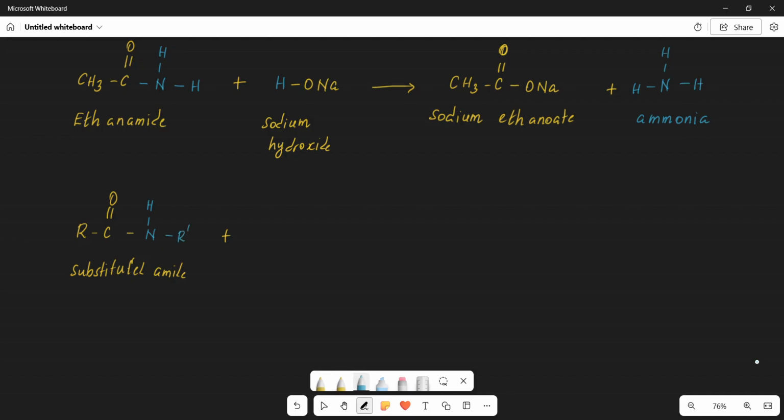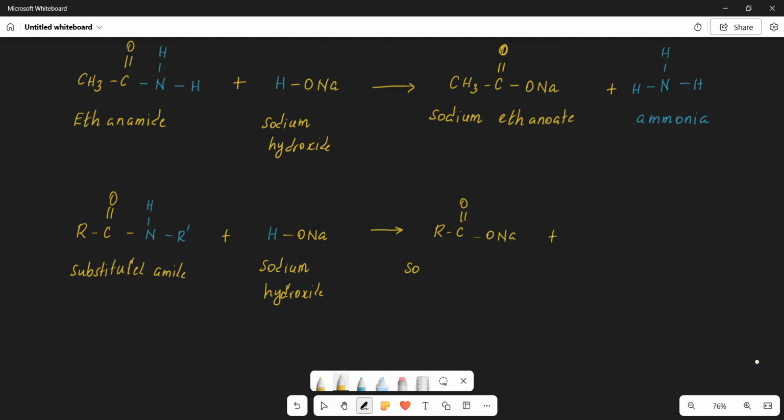Now again I am using an alkali, which is sodium hydroxide. Which will result in, as usual, sodium carboxylate. I am just connecting the yellow ones.